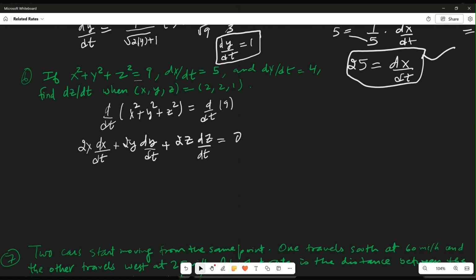Okay, 2 is common here. You can either take the 2 common and then divide by that, or let's see, since we have some values given, take the 2 common here, plus z.